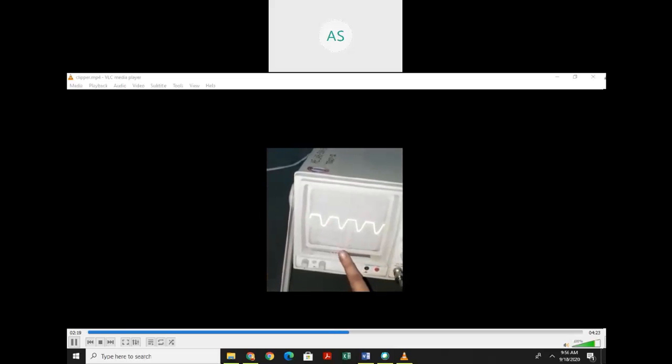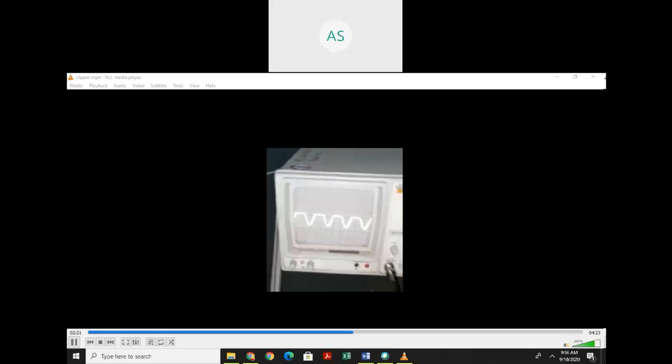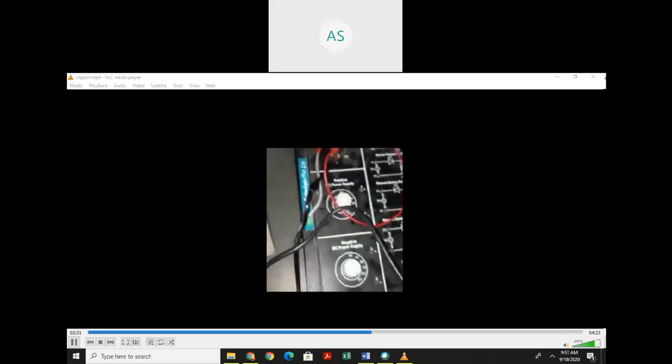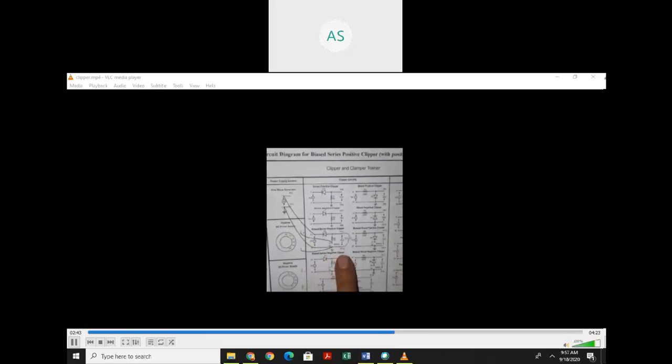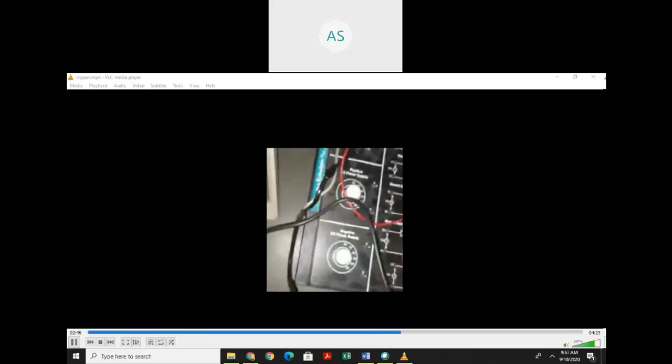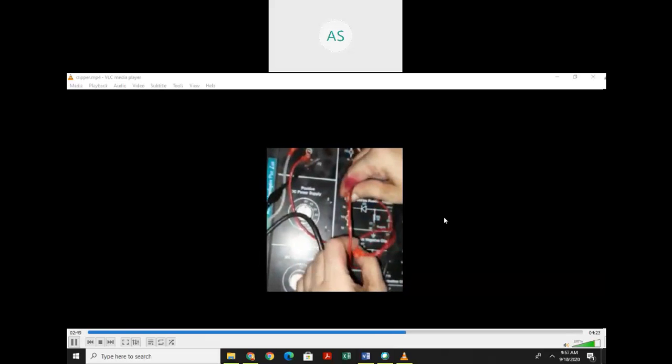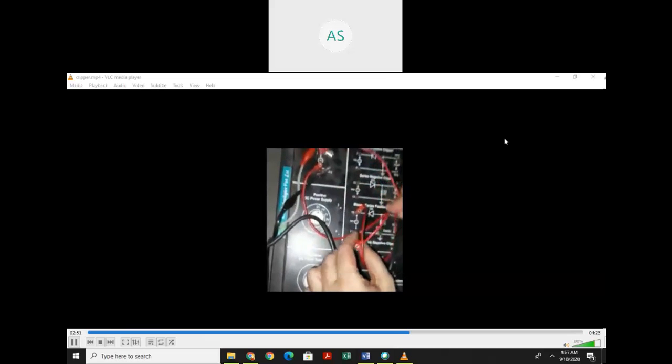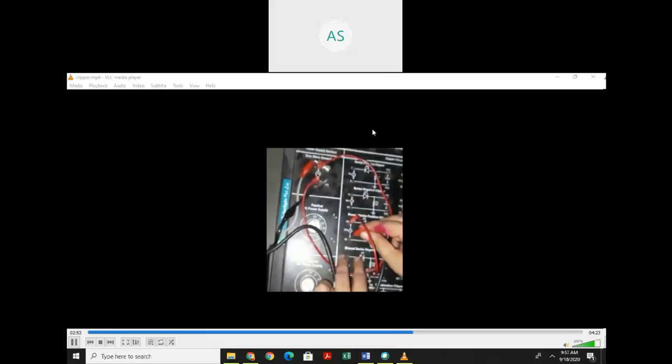This sinusoidal wave is given as an input to the clipper circuit, and this is output, and when we connect this output to this channel, we get a clipped output waveform. And this is positive clipper because it clips positive part of sinusoidal wave without distorting the remaining part of signal.